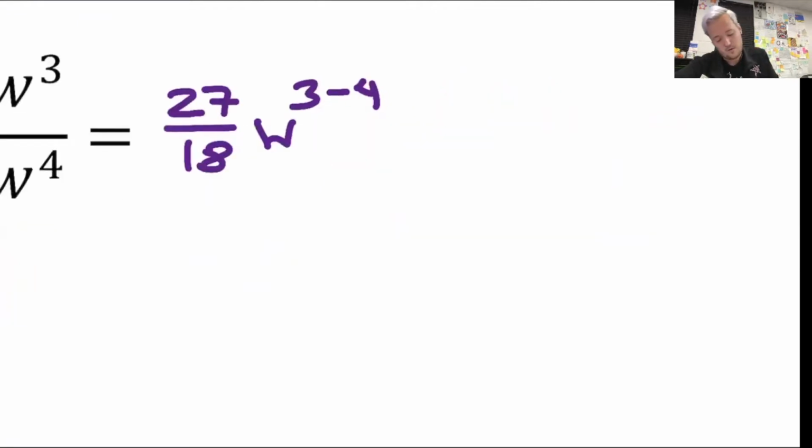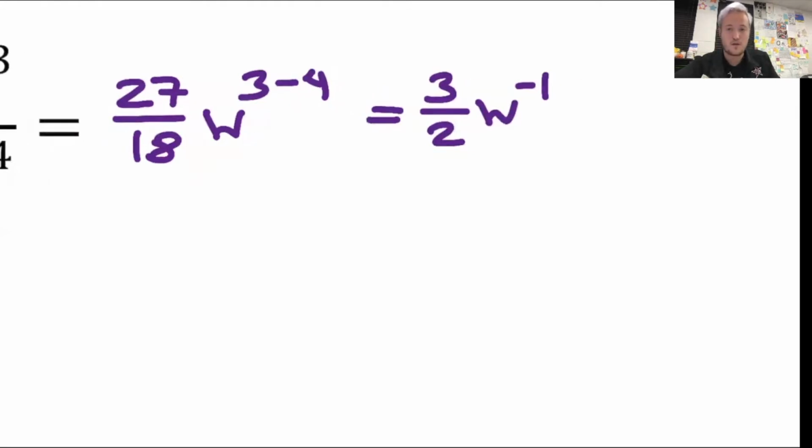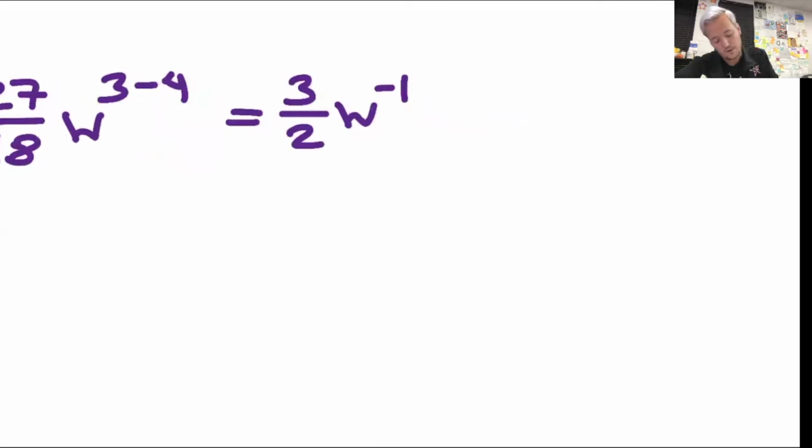If I simplify 27 over 18, I have a greatest common factor of 9. So that'd be 3 over 2, then w to the negative 1. Because that w has a negative exponent, it's going to go in the denominator with the 2. So I'm going to have 3 over 2w.